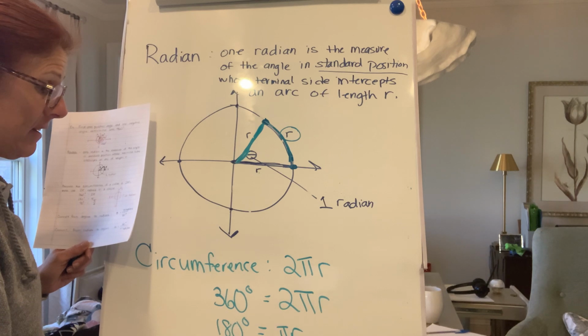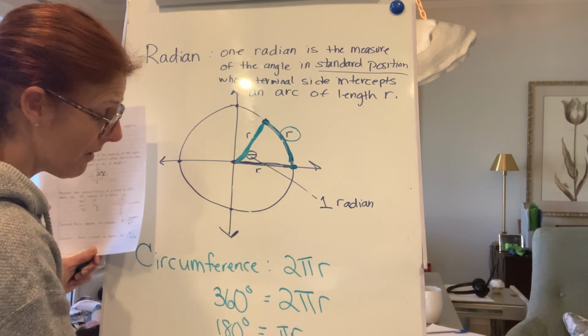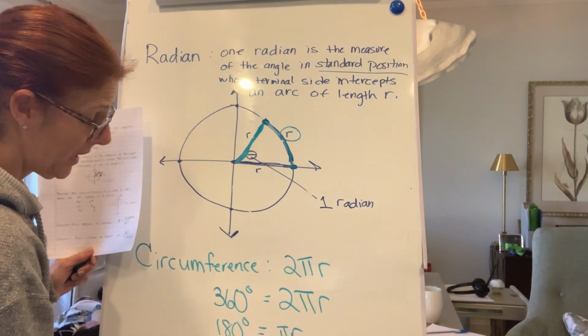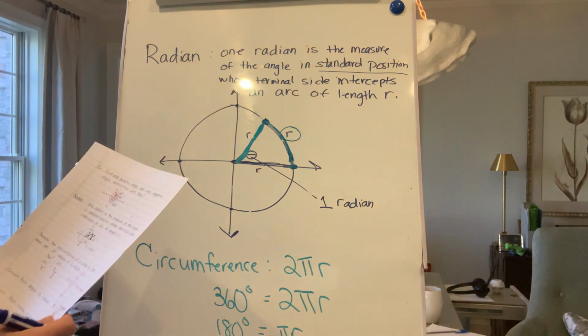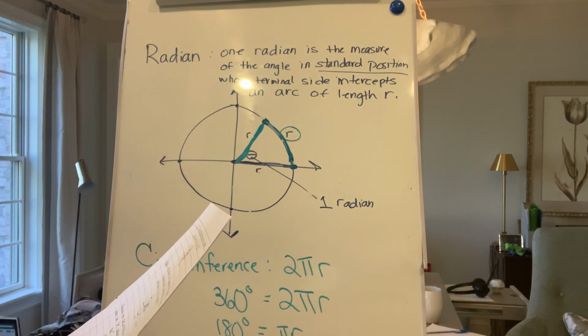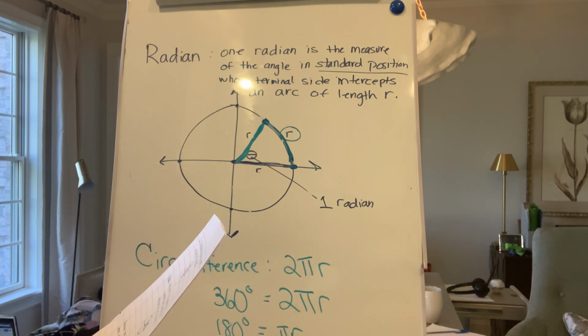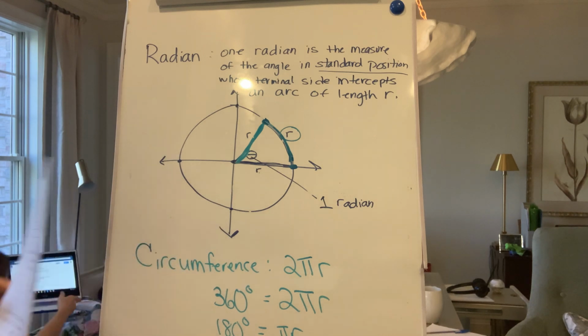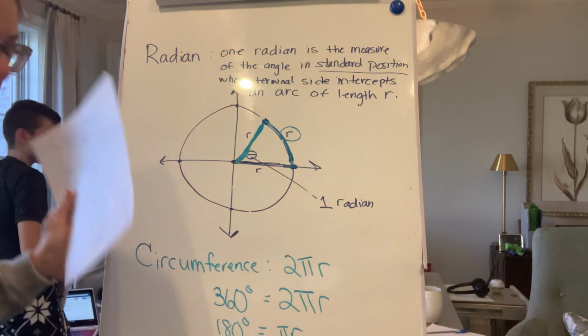All right, and then if I divide both sides by r, I get pi equals 180 over r. Actually, I want to do it that way, let's go back here.